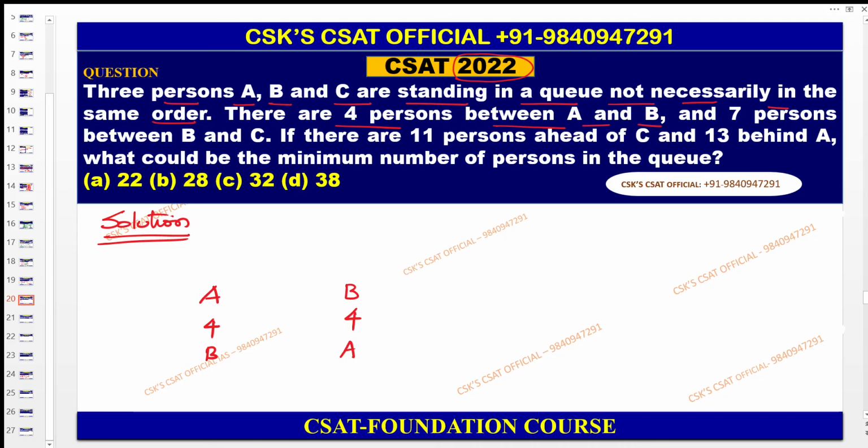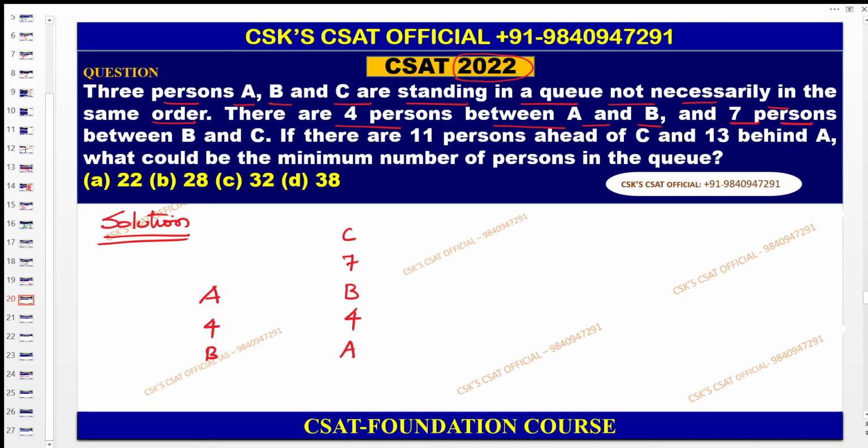That is what you have to understand. 7 persons between B and C. Okay, B and C. So here I can take this also: 7 persons here, here C. This is one case. I am taking this here. Okay, so this is B here.